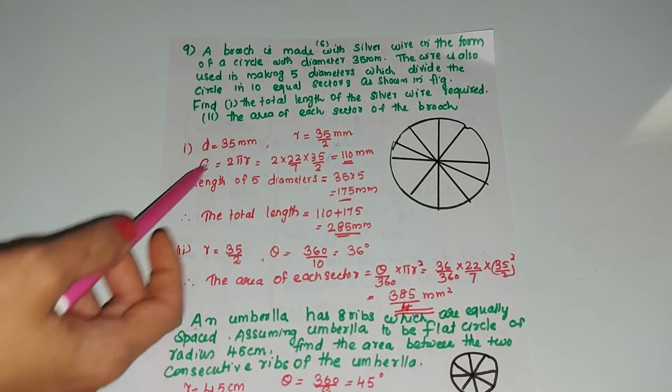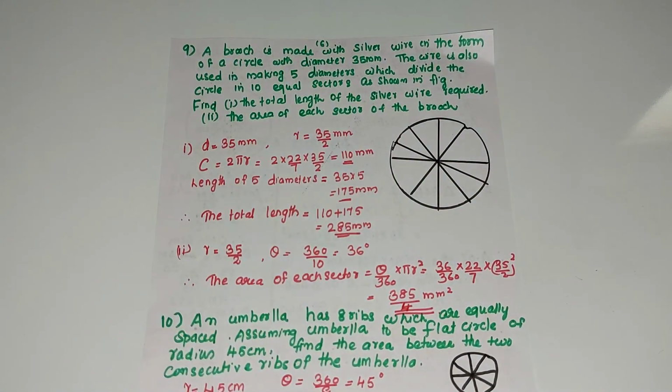And so the circumference, or this outer length, equal to 2 pi r equal to 2 into 22 by 7 into 35 by 2 equal to 110 millimeter.